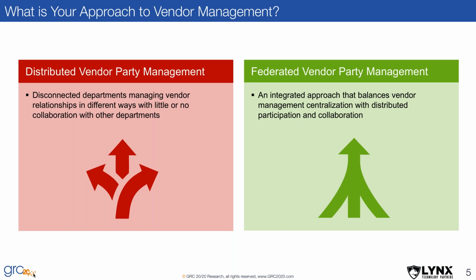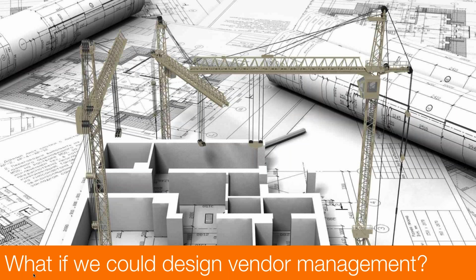Or we have a federated vendor risk management approach, in which there's common information and technology architecture that can be shared across the business to more effectively manage these third-party vendor relationships. So my challenge for you in all three of these webinars is, if we wipe the slate clean and can restart how we're approaching vendor risk management, what would it look like?